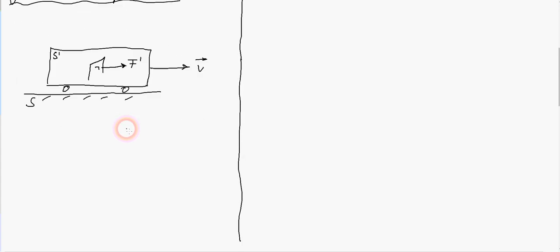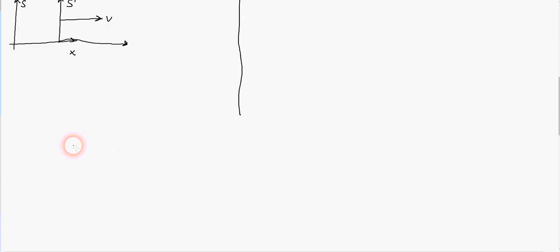So what about the coordinates? First we want to deal with the coordinates. So we make 2 diagrams. The horizontal axis in direction x or x1. The first is stationary. We look at stationary S, and S prime is moving with velocity v.